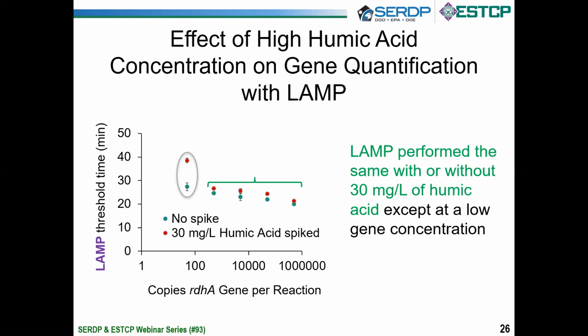Over the majority of gene concentrations, humic acid had little impact on the threshold time. However, inhibition was noticed at the lowest RDHA gene concentration, as circled on the graph on the left. These results indicate that care should be taken when quantifying with high humic acid concentrations and low gene copies.